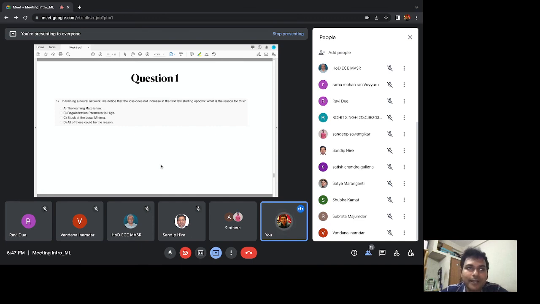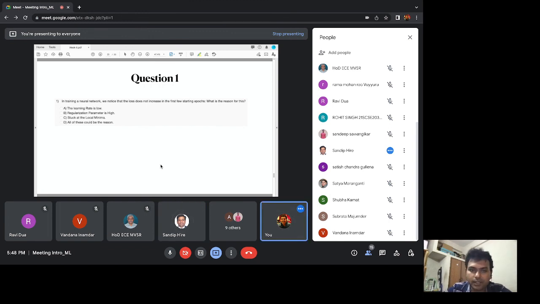Therefore, if your regularization parameter is very high, then your w won't change from 0 or the initialization point, and therefore that could also be a reason that your network is not learning. Okay, is it fine? All of the above, no? All of the above could be the actual answer.